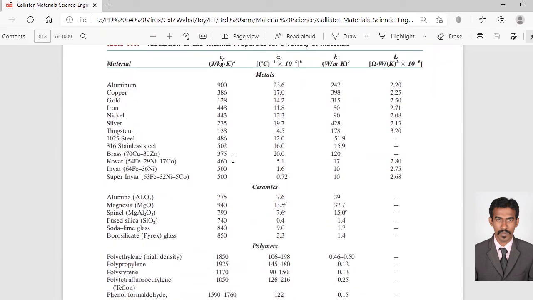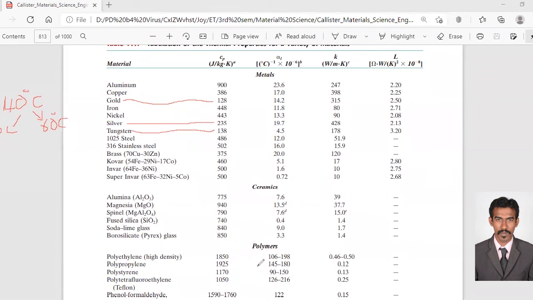So from this chart, what you can understand is you need to provide less energy for these metals to increase the temperature, specifically for gold, silver, tungsten, brass, right? You need to provide less heat to increase the temperature. If you compare these three, metals, ceramics and polymers, polymers are the materials which need a high amount of heat energy to change their temperature from one value to another. You see 800, 1850, 1920, like that, right?